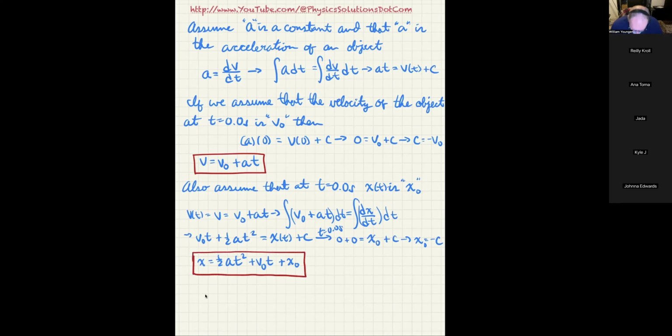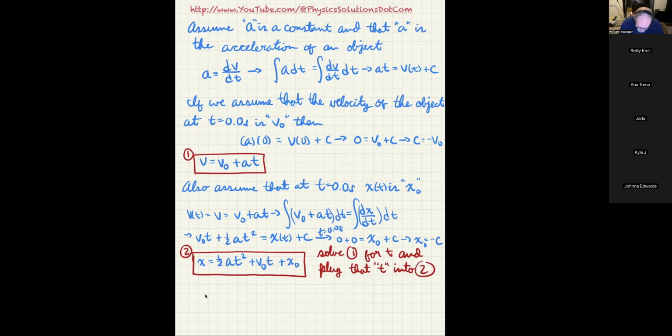Okay. So these are important kinematic equations. There's actually another one. Let's call this equation 1. Let's call this equation 2. I'm going to solve 1 for t and plug that t into equation 2.